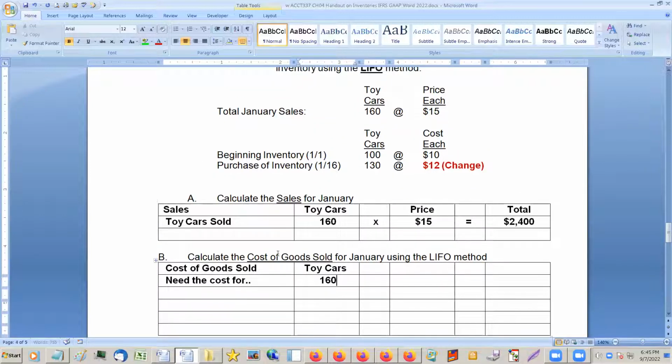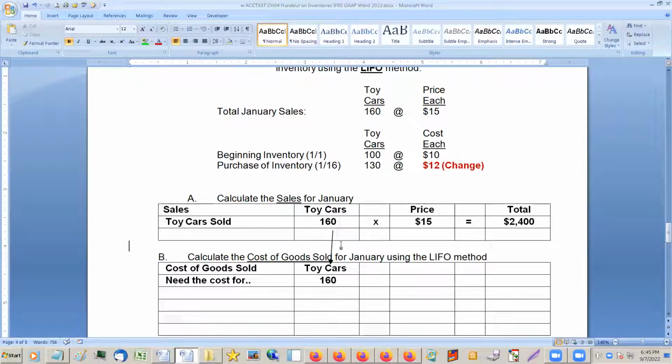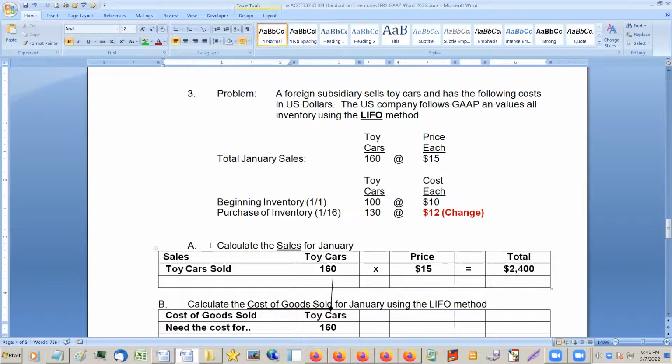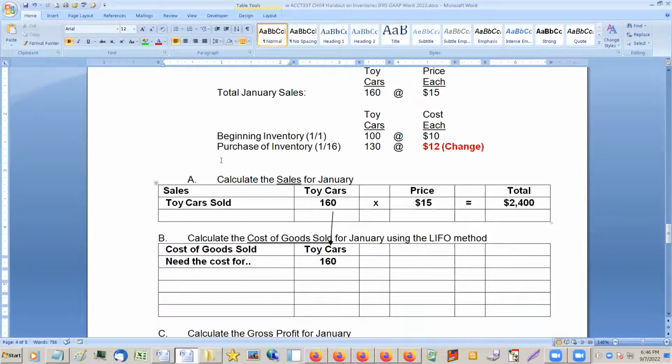That's how many we sold. Last in, first out. Where do we go to find the cost? The purchase of inventory. Yep, right there. Hey, how come it fits? Oh, I know, because I bold fixed it. Okay, so purchase of inventory.